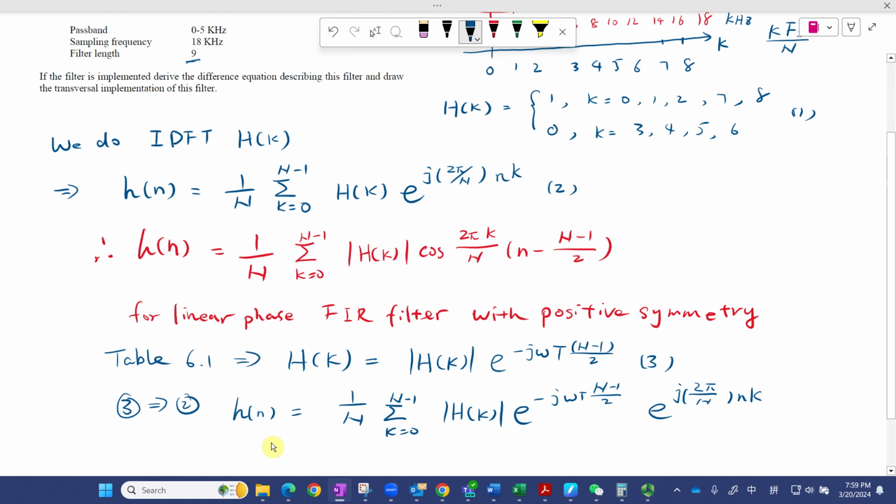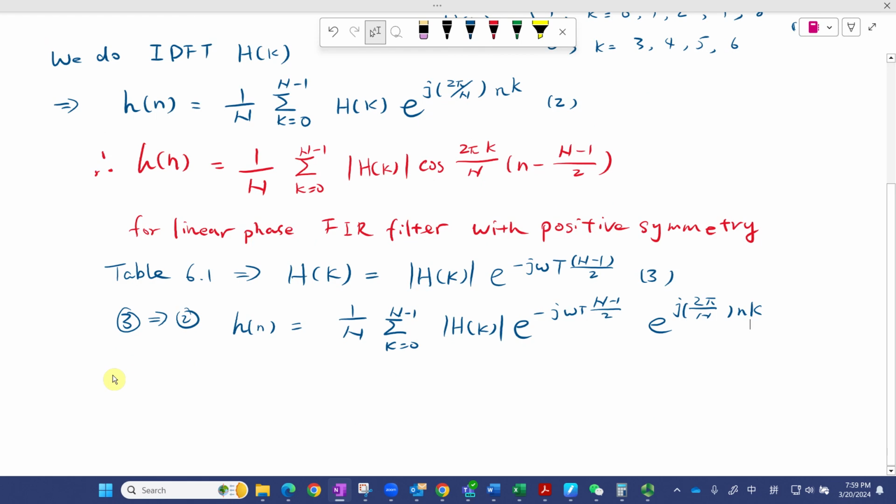I'm going to replace something. There is omega, and we also know the sampling frequency. We're sampling at a frequency f equals k fs over N. That's how we sample the frequency spectrum.